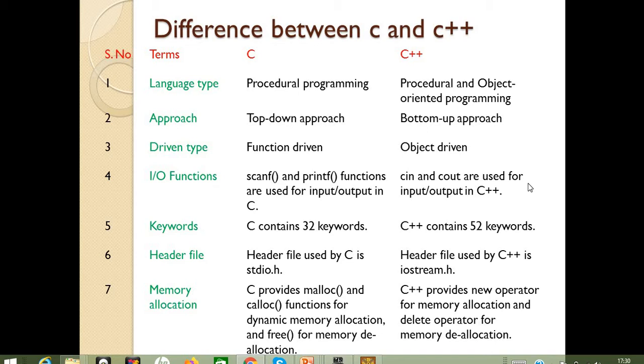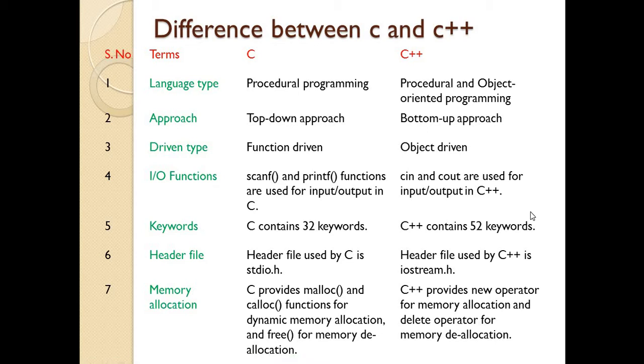And the last difference is in terms of memory allocation. So the memory allocation is in C programming, we will be using malloc and calloc, memory allocation and contiguous allocation. These two functions are used for dynamic memory allocation and free function is used for memory deallocation, right?